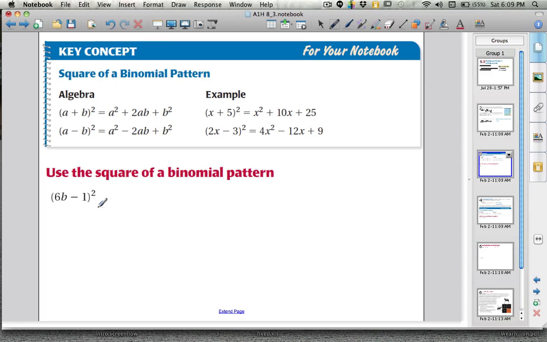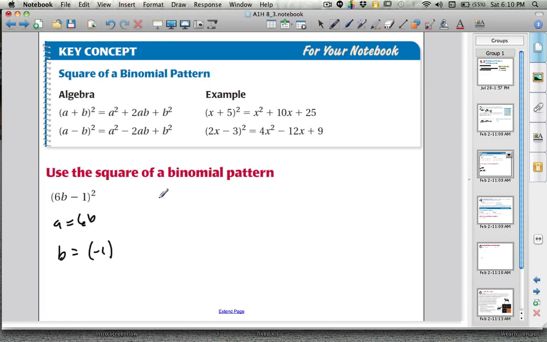So if I wanted to go ahead and square it, right now I'm just going to multiply. I'm leading you into factoring. So we want to be able to multiply it, and we also want to be able to factor with it. In this case, a is 6b, and b is negative 1.